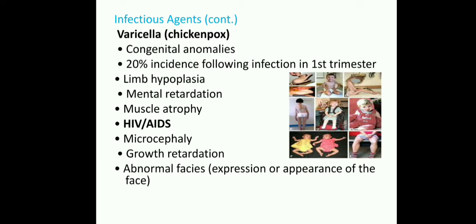When it continues, some complications may arise in the womb: limb hypoplasia, mental retardation, muscle atrophy, microcephaly, growth retardation, and abnormal faces. Sometimes the expression or appearance of the face shows abnormalities we can easily identify.